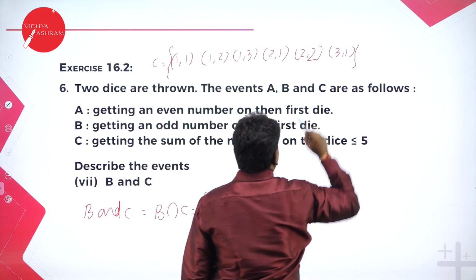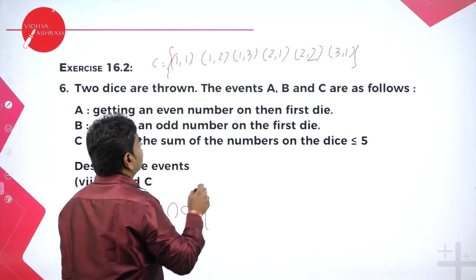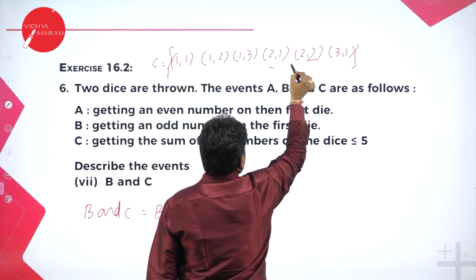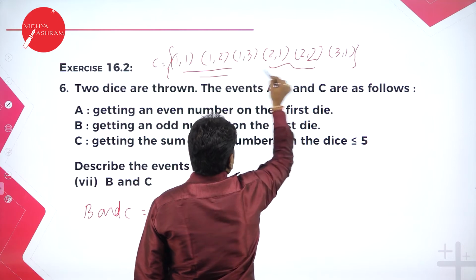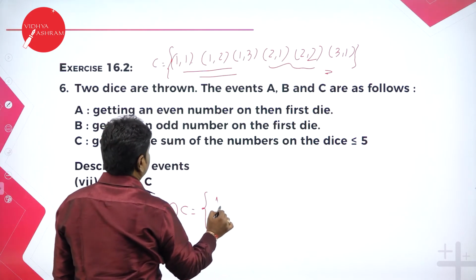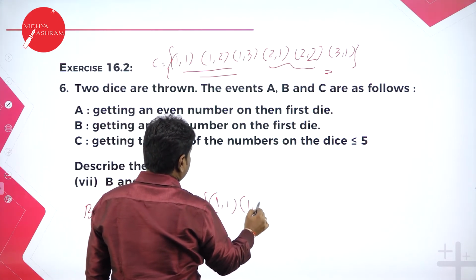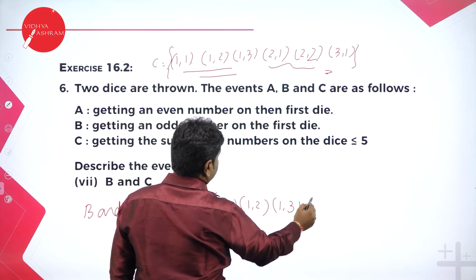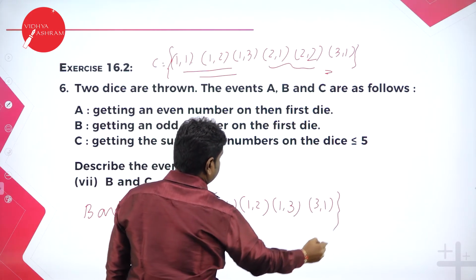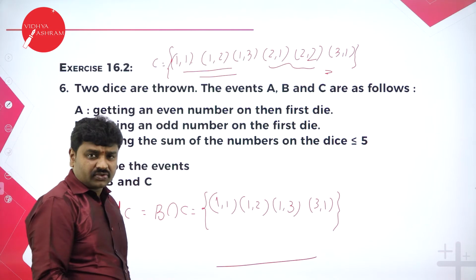Set B is what? The first element should be an odd number, so the 2 will not be there. First element odd means the 3. So B intersection C, you will get 1 1, 1 2, 1 3, 3 1. So this is common. Intersection means the common elements of B and C.